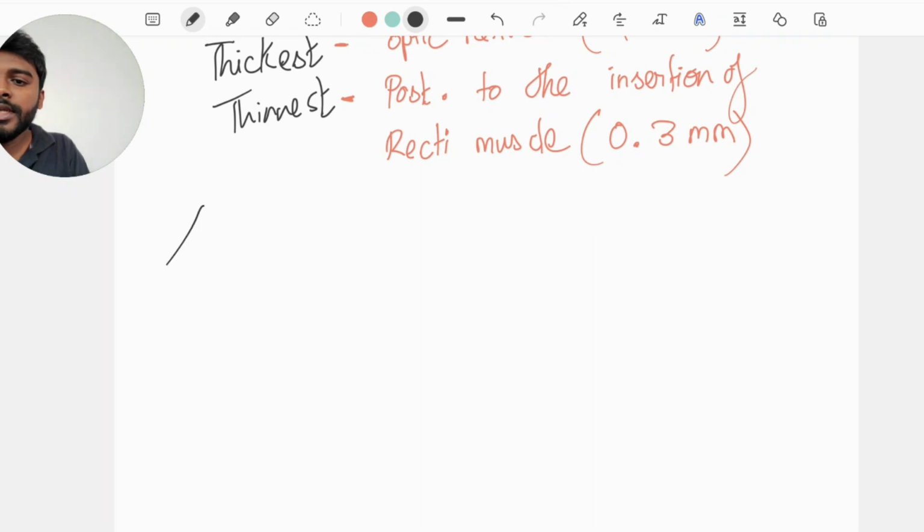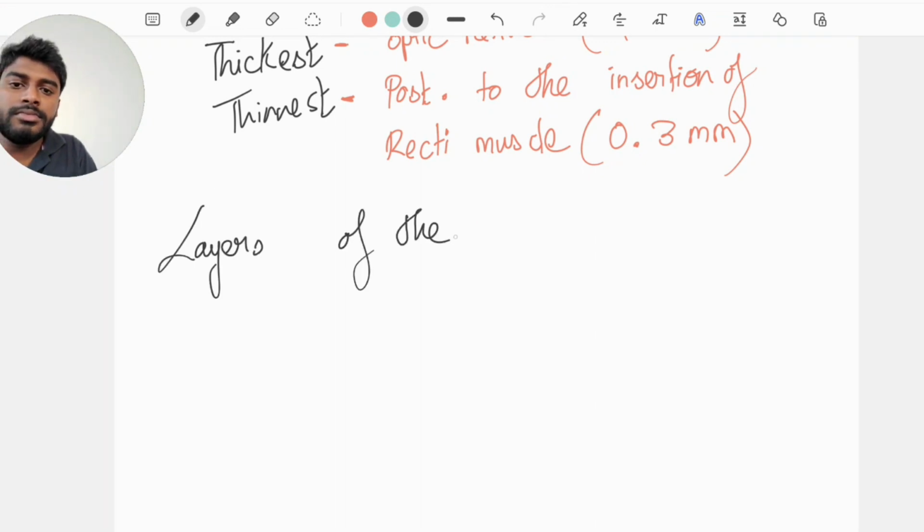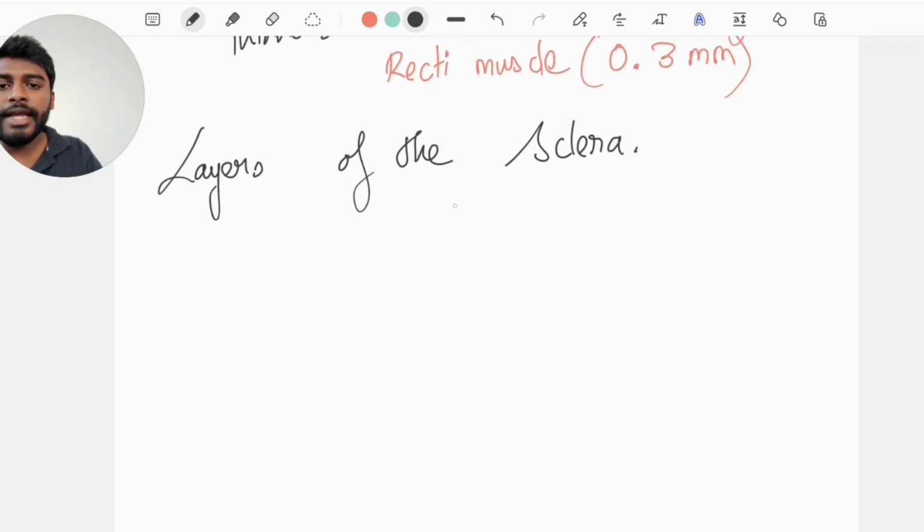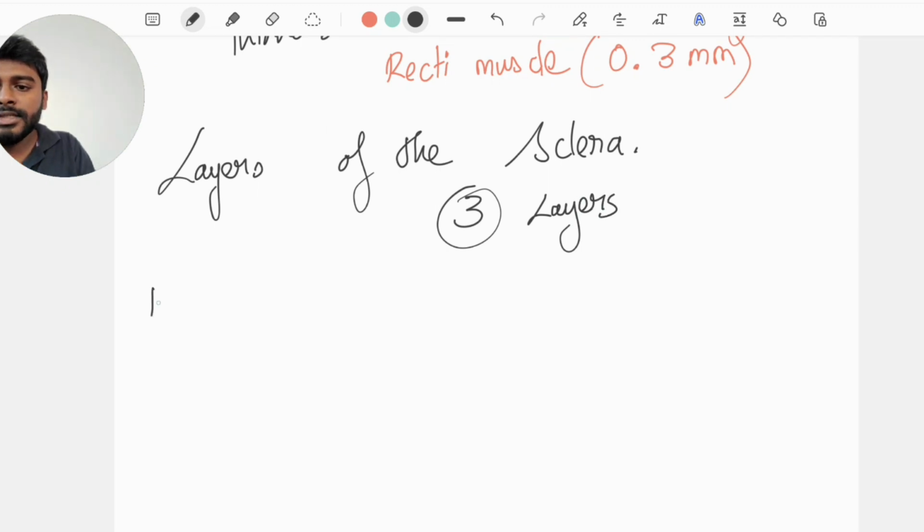Now we will move on with the layers of the sclera. In cornea we learned that it has 6 layers, but in sclera we have 3 layers. So what are the 3 layers? Episclera.